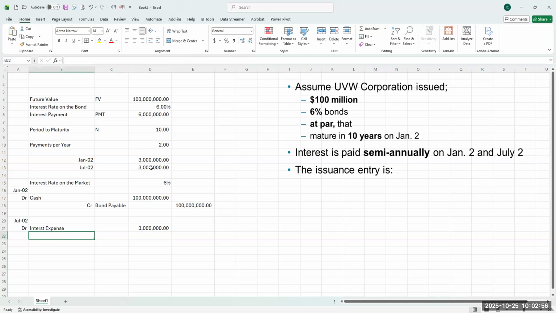Credit. How am I going to pay this interest expense? What am I going to give to my bondholder? Cash. Does he want anything but cash?